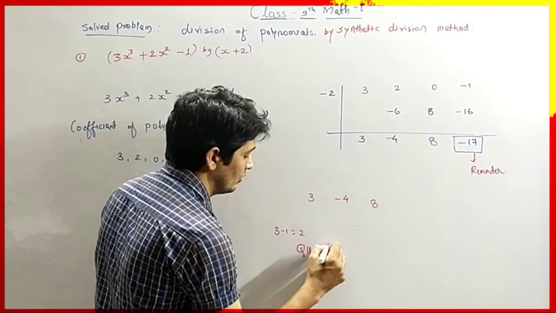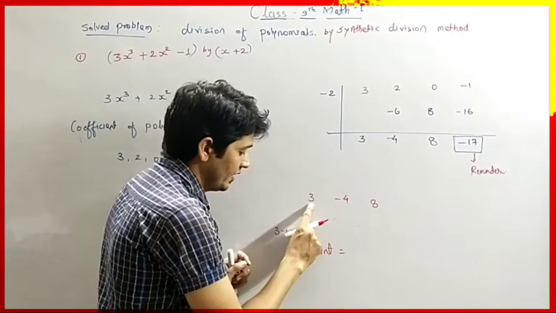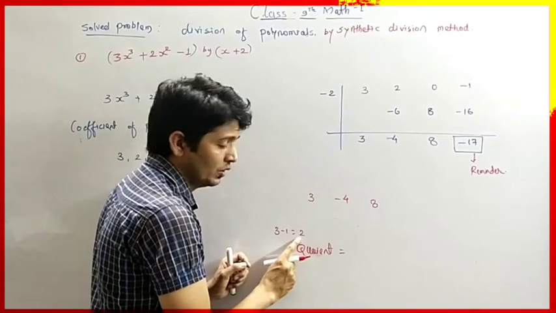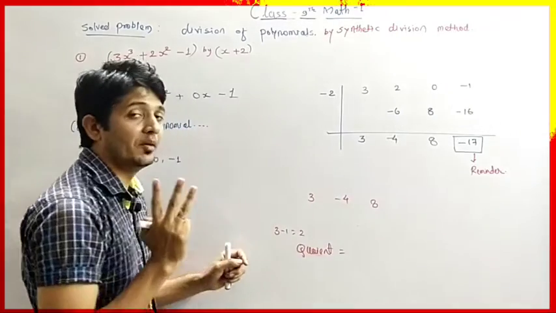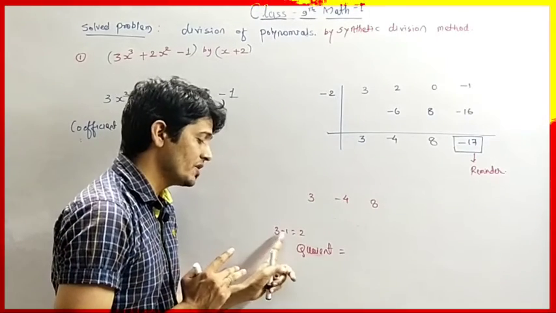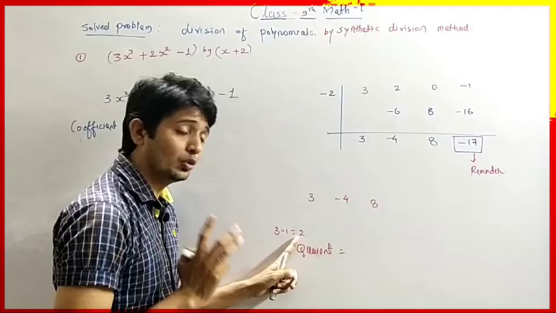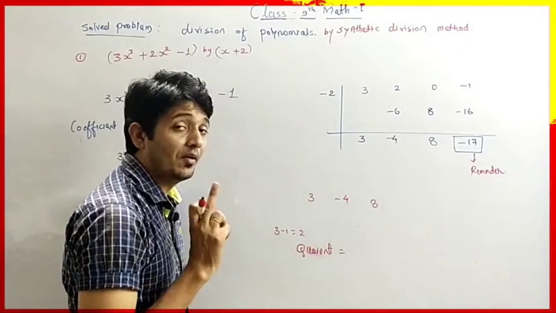We have 3, and 3 minus 1 is 2, so the variable will have power 2.